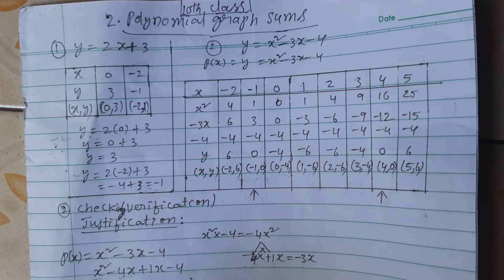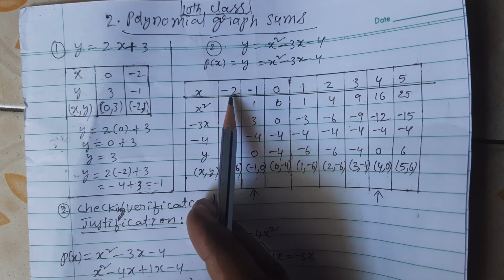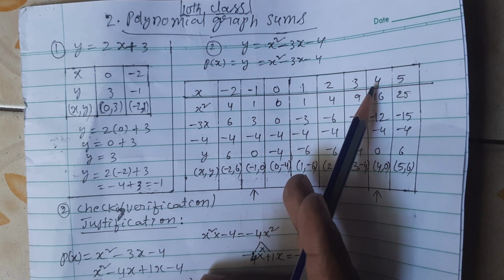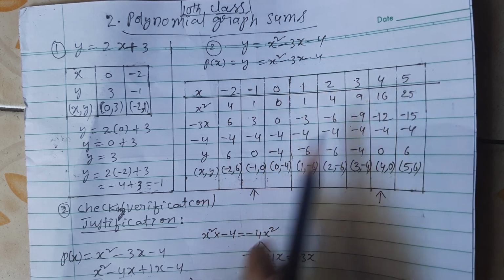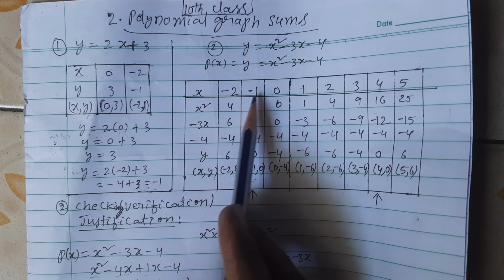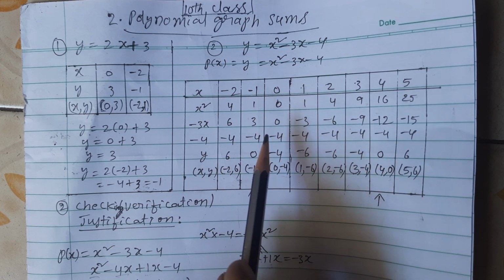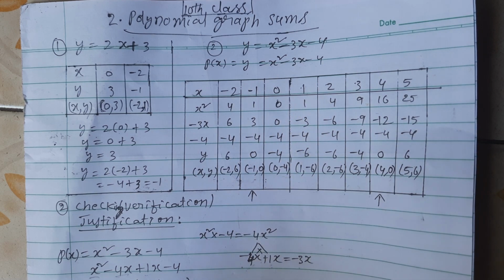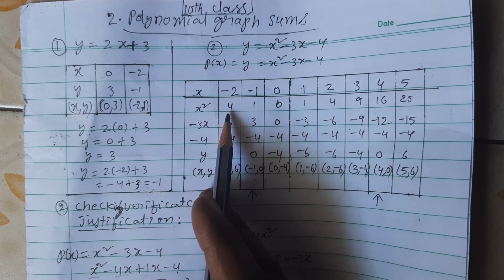We got x = -1, and beside that -2, which is the minimum value. There we got 4, and after 4 you can take 5. These points are enough to draw the graph. Now x values are -2, -1, 0, 1, 2, 3, 4, 5. If you do the sum with the graph, you can understand very easily. First, x²: for -2, the square is 4 only.